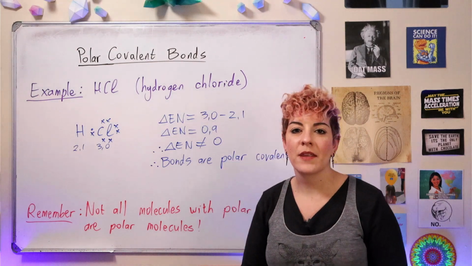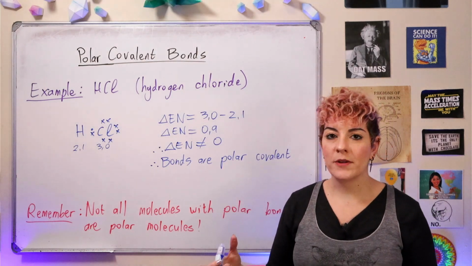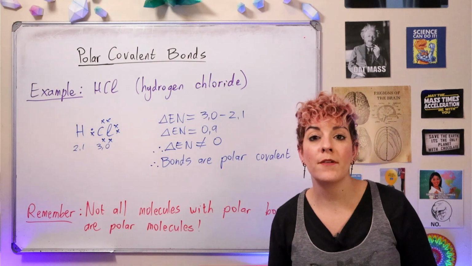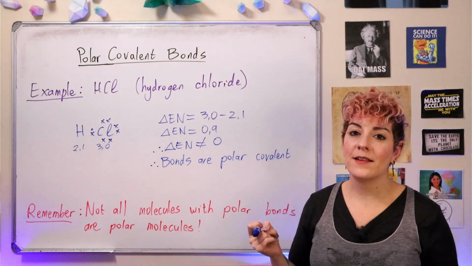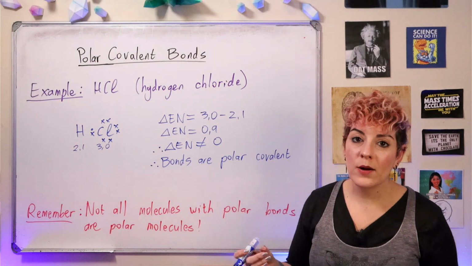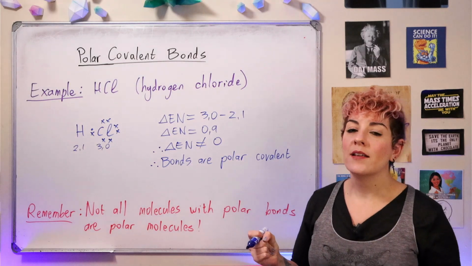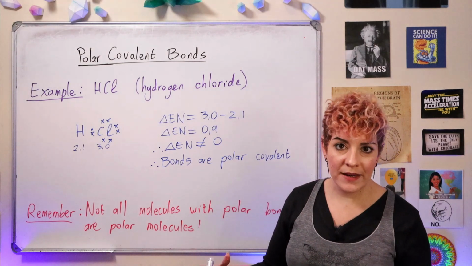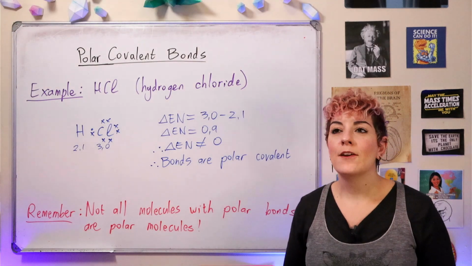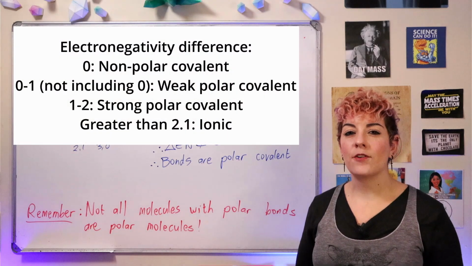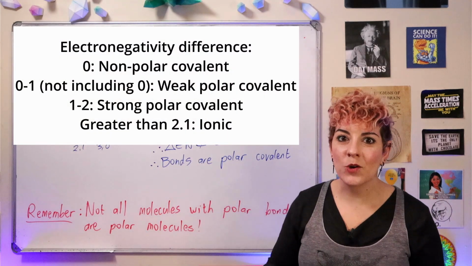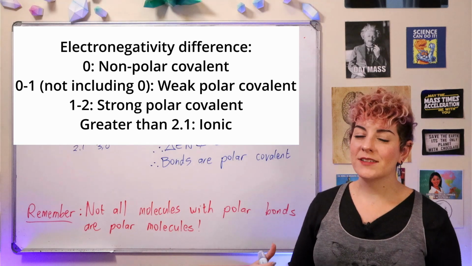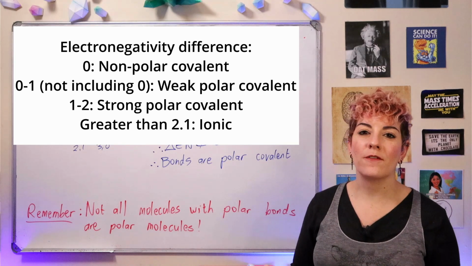All right. Now, especially for government school learners, but sometimes also for private school learners, they might distinguish between weak polar covalent bonds and strong polar covalent bonds. We'll put this up on the screen, but generally speaking, if you get an electronegativity difference that is between 0 and 1, not equal to 0, then that's considered to be a weak polar covalent bond.